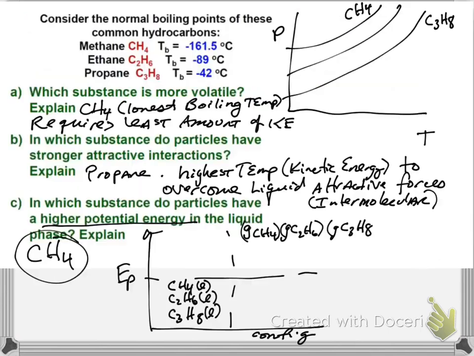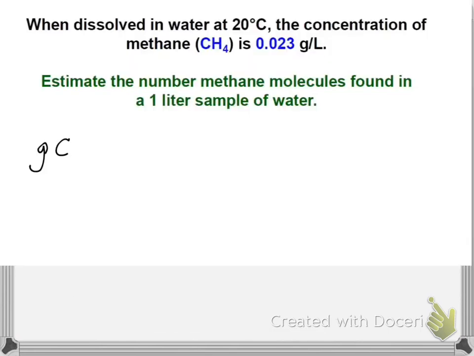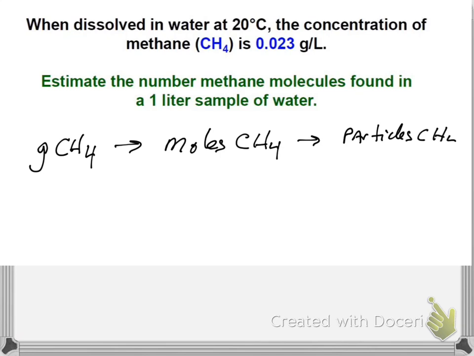So as we go through this, what we're saying is we want to go from grams of CH4 to moles of CH4 to particles of CH4. Okay, so that's the general plan of what we want to calculate. We always go from the given information, which is grams. We always have to convert to moles or find out, do we have a mole? And then we'll know how many particles we have.